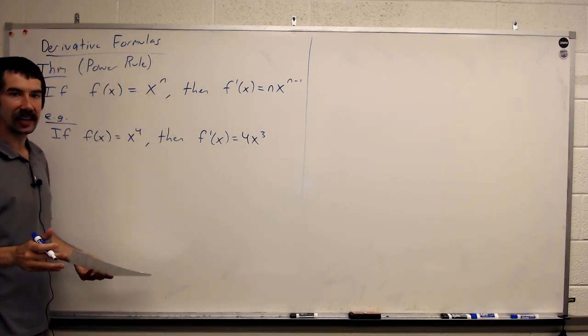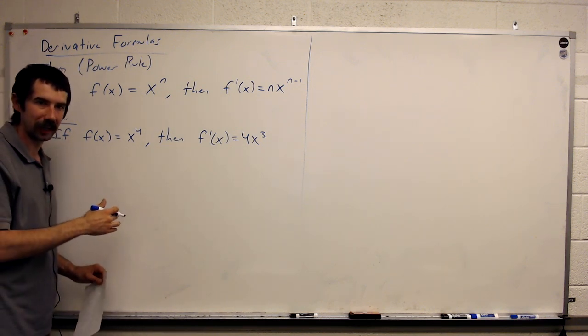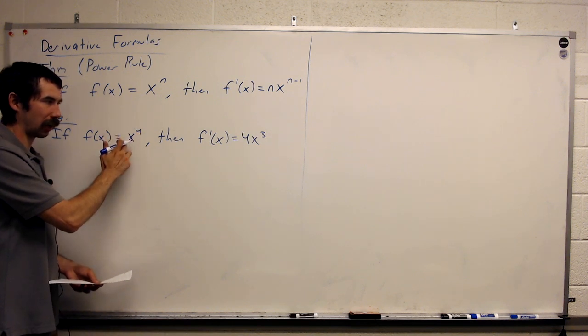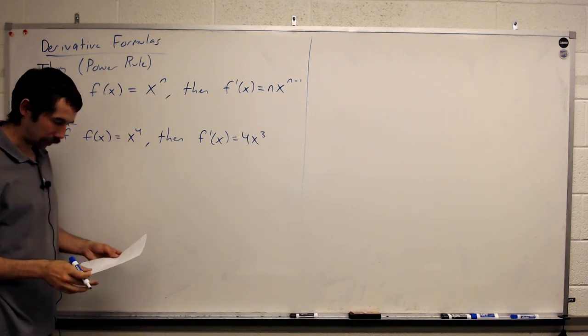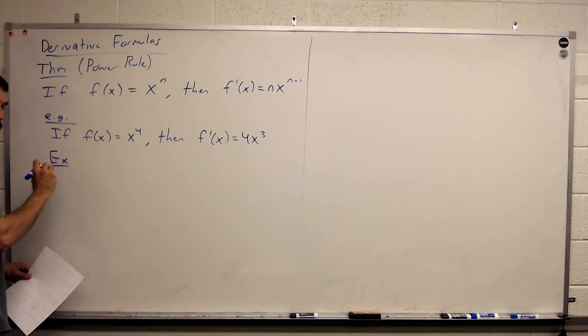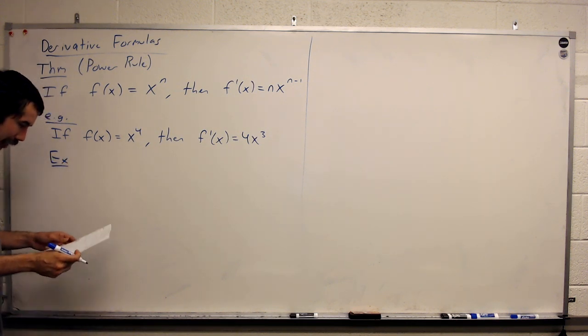It's literally that easy. So we don't have to write out the limit as h goes to 0 of f of x plus h minus f of x all over h. We just bring the power in front, subtract 1 from the power. So try these next two on your own, and let me know in the comments if you're able to get them.